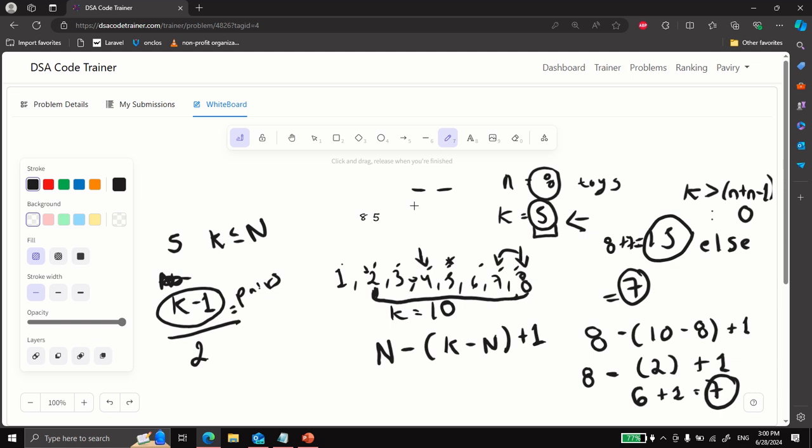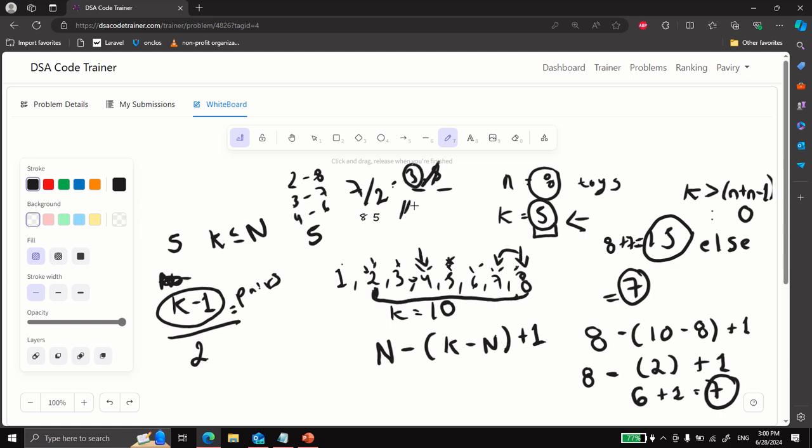So this is why we have 1, 2, 3, 4, 5, 6 and 7 elements, because we can add 2 with 8, 3 with 7 and 4 with 6, and then at the end we're just going to have 5. So we know that we have 7 elements here. We split by 2 and our answer is 3.5, and we do the floor.